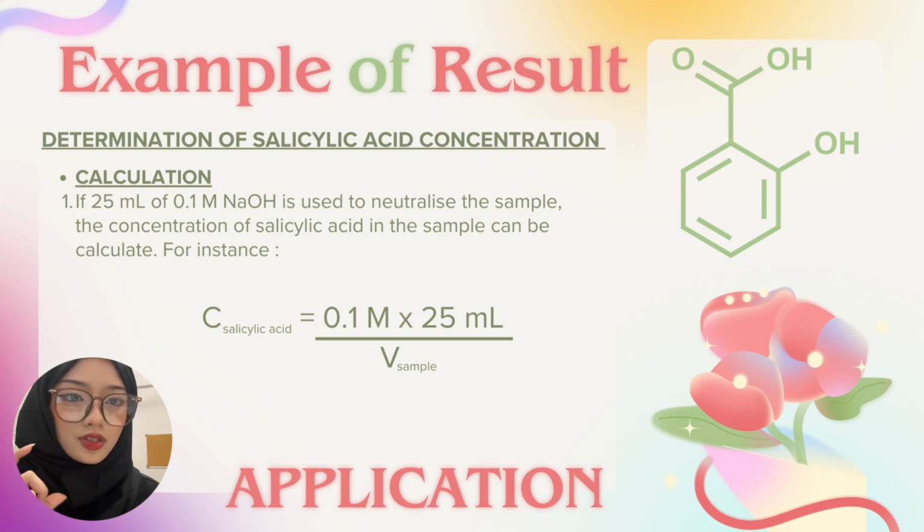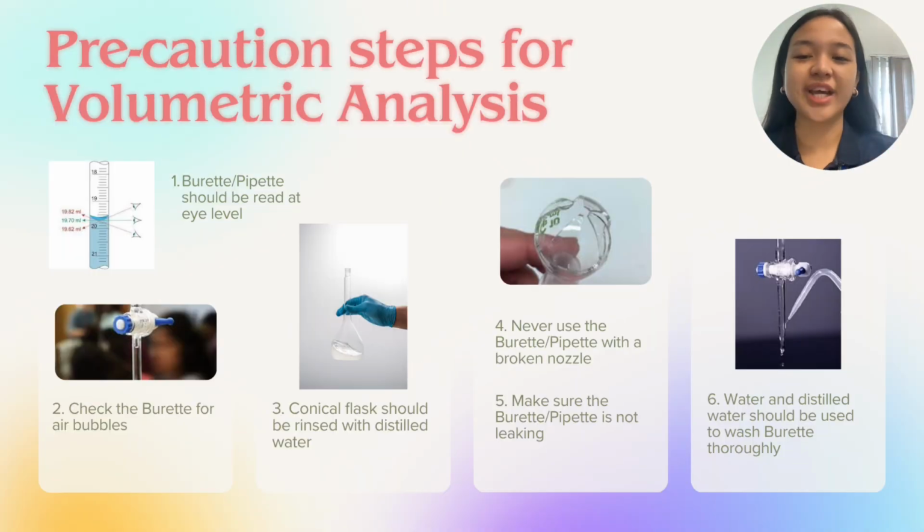In order to get the concentration of salicylic acid, you multiply the molarity of the titrant by the volume of the titrant and divide it by the volume of the sample. So it's going to be 0.1 molarity times 25 ml over the volume of the sample to get the concentration of the salicylic acid.